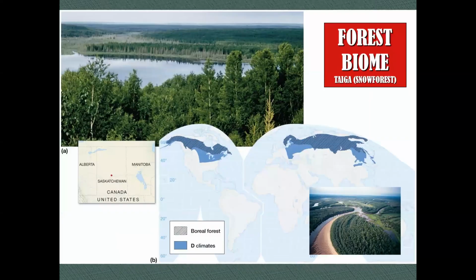Okay. This is the pine needle forest. Notice that you find this in Alaska, Canada, Northern Europe, like Scandinavia, and then Russia, Siberia. And this is mostly pine needle forests or evergreens.